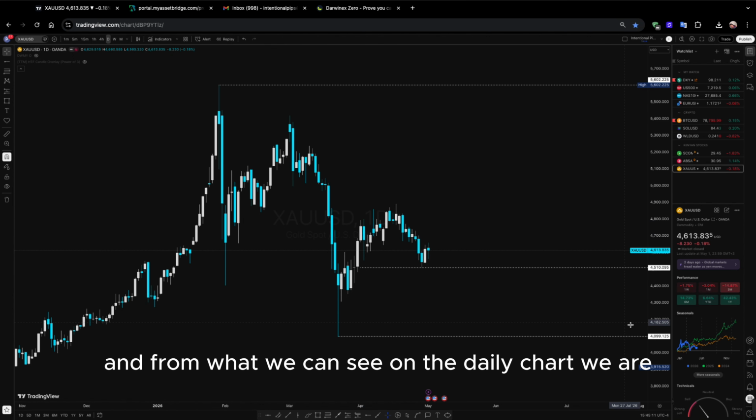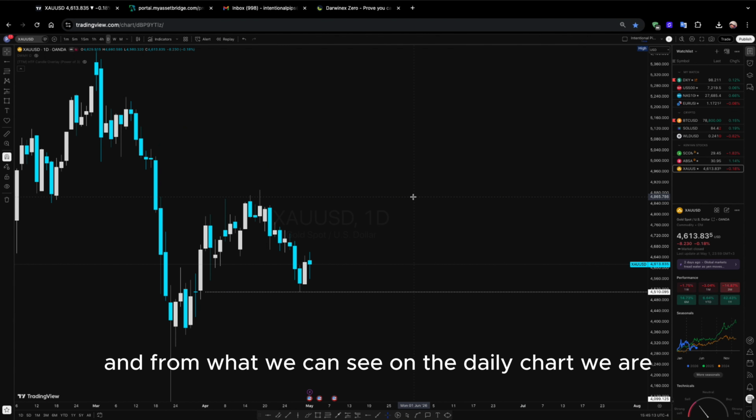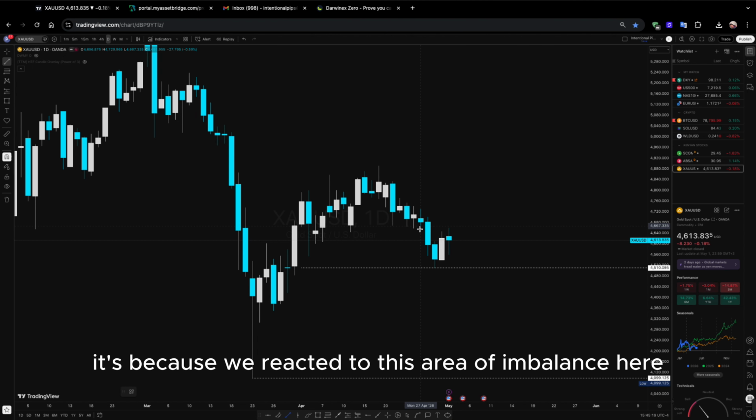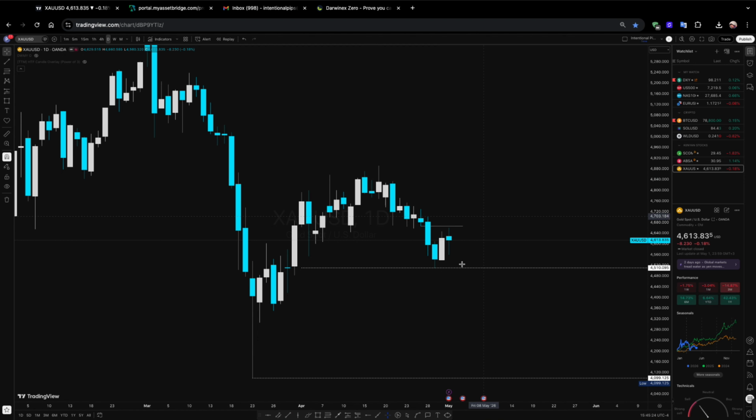And from what we can see on the daily chart, we closed bearish on Friday, and it's because we reacted to this area of imbalance here on Friday.